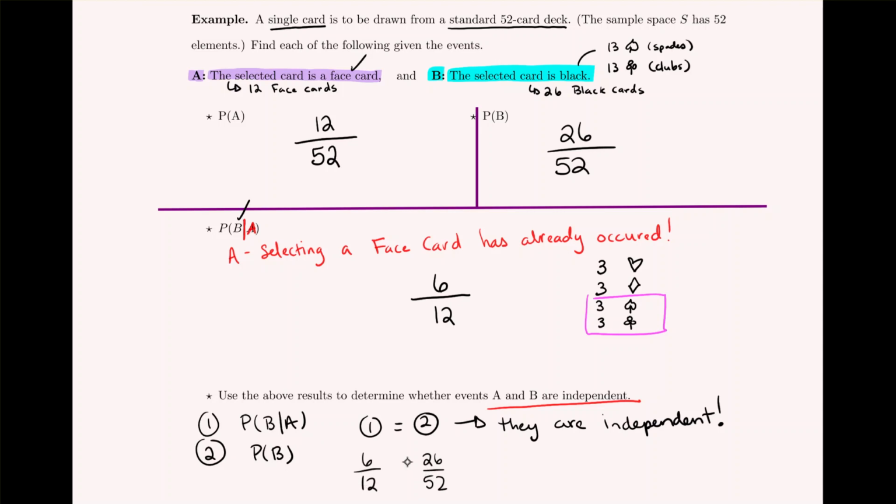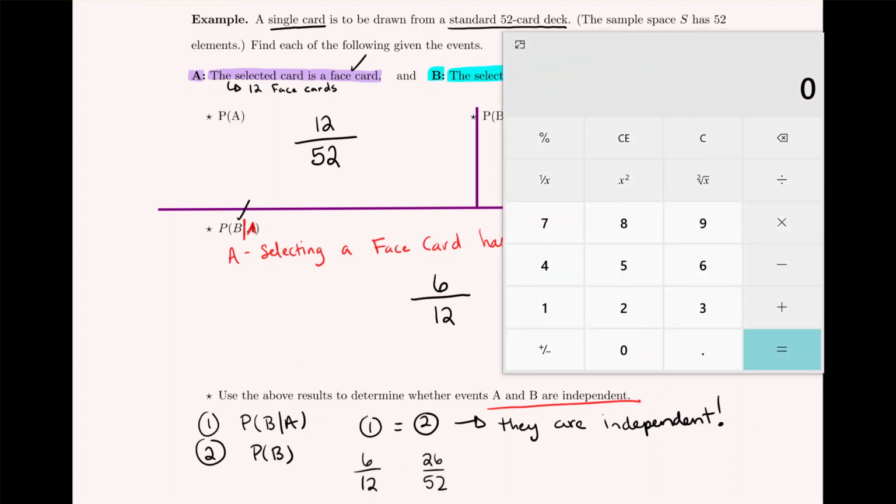So let's type both into our calculator. 6 divided by 12 is 0.5. 26 divided by 52, also 0.5. Since these are the same numerical value, we know A and B are independent, because knowledge about one does not change the probability that the other will occur.